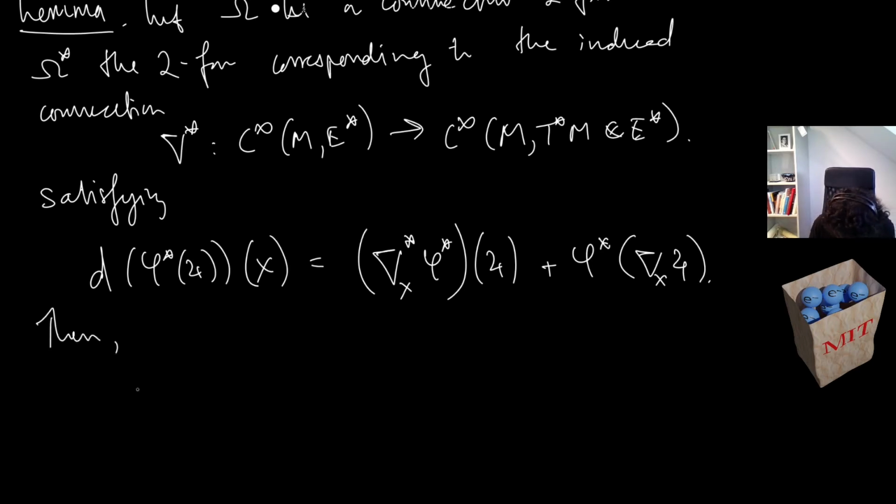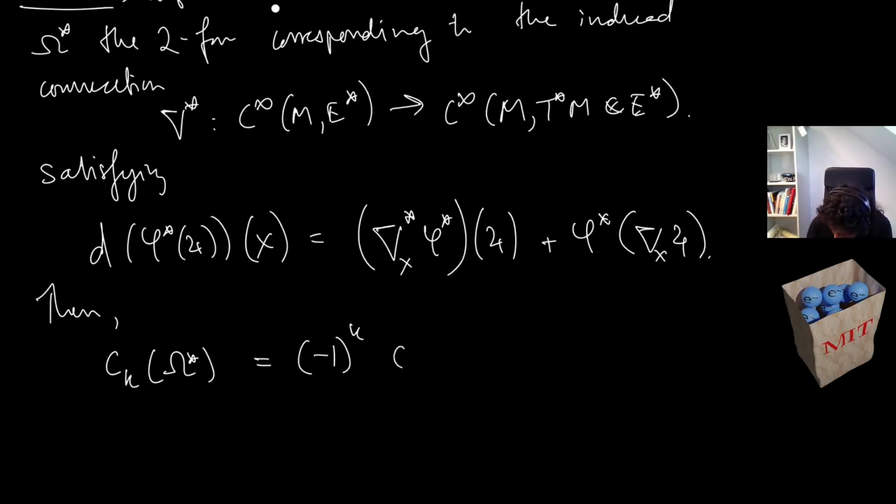Then we have that Ck of omega star is equal to (-1)^k Ck of omega. Okay.